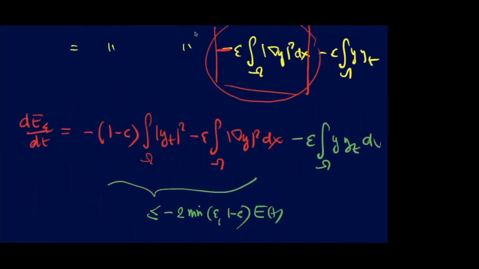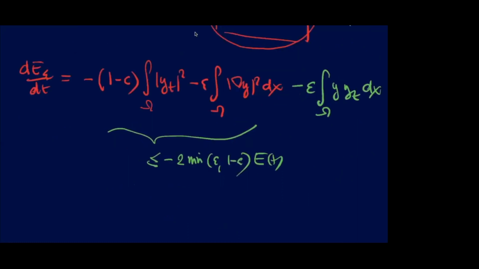And if you ask me what I can do with this, I say, well, I really don't know because this has no sign, right? The integral of YYT, I really don't know what it is, right? So what can I do with this?